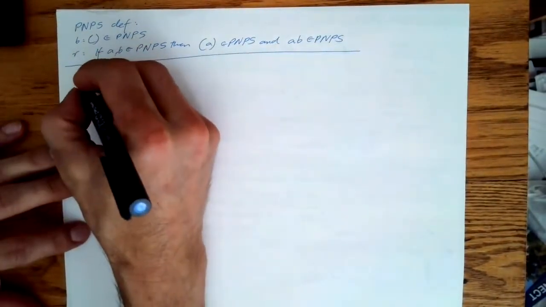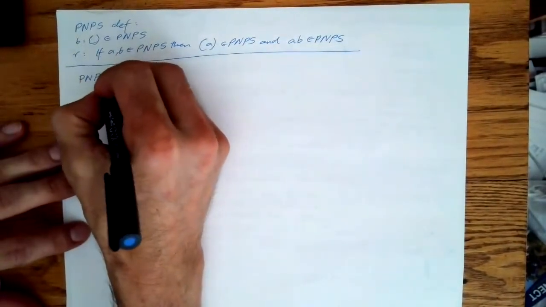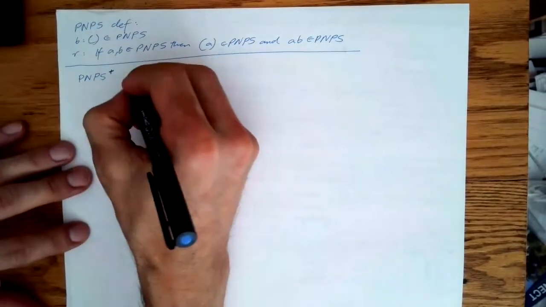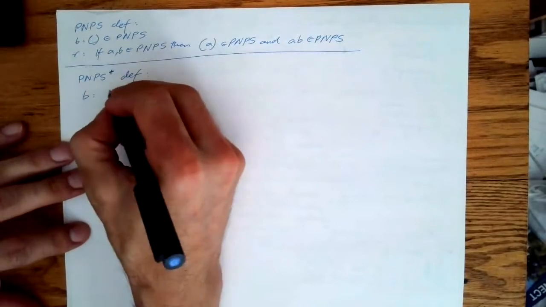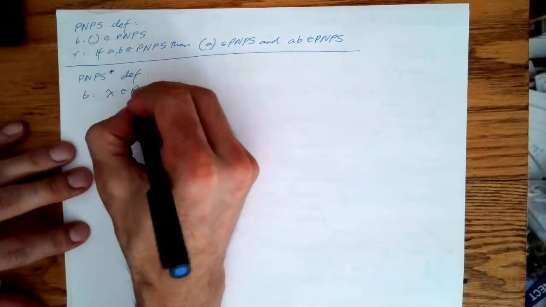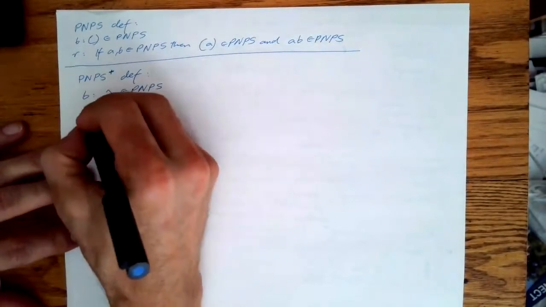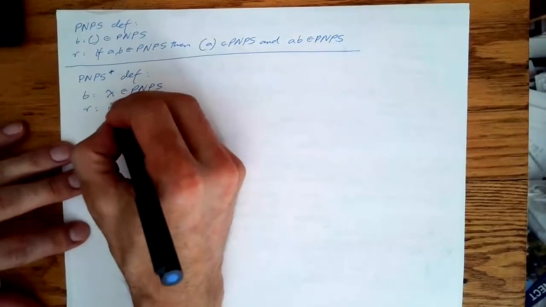Okay, so that's one definition. How about this one, the PNPS plus definition? The base is that an empty set is in PNPS plus. Recursive is the same as above.